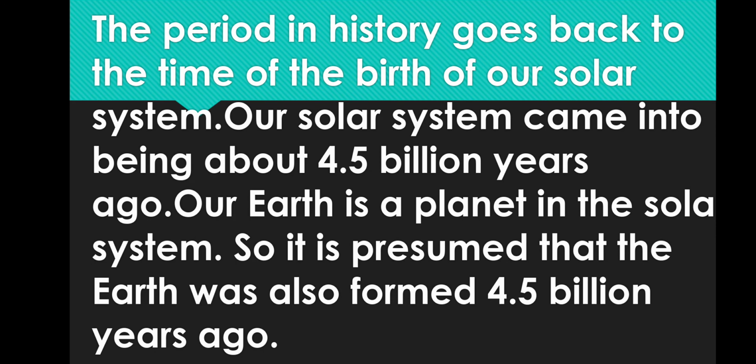That small video was taken from the National Geography channel. The period in history goes back to the time of the birth of our solar system. Our solar system came into being about 4.5 billion years ago. Our Earth is a planet in the solar system.